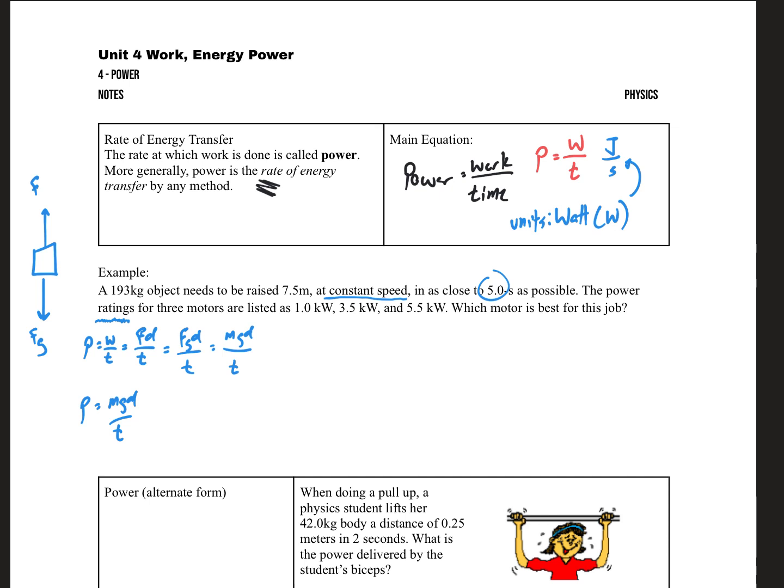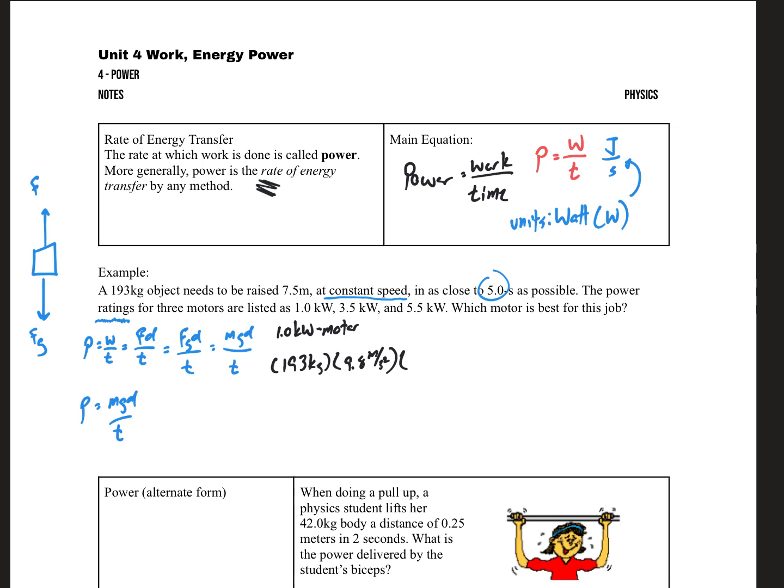And then we start taking apart the problem. We're going to look at the 1 kilowatt motor, and that's just 1,000 watts. And when I take a look at this, what I have is the mass of the object, 193 kilograms. Gravity, 9.8 meters per second squared.